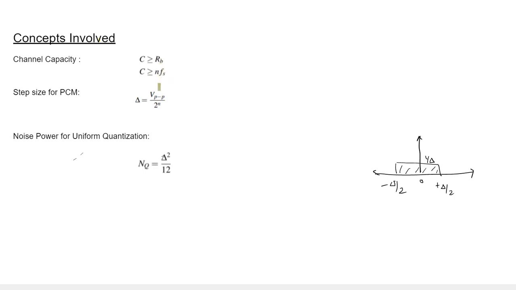So that is a constraint that we are facing. In order to solve this, we find the maximum number of bits n that can be transmitted, and for that maximum number of bits we find the suitable step size, and for that step size we get the minimum possible quantization noise power NQ.